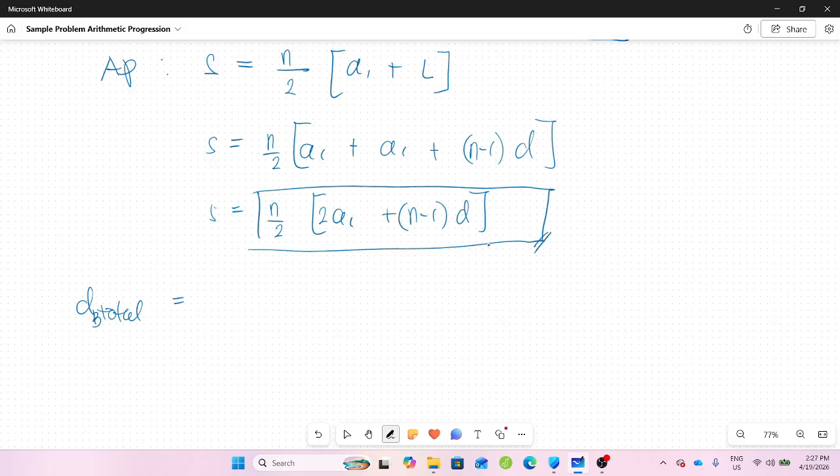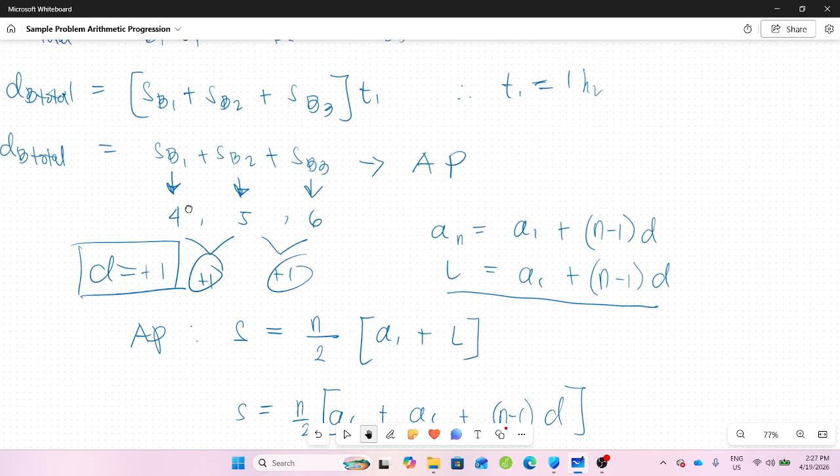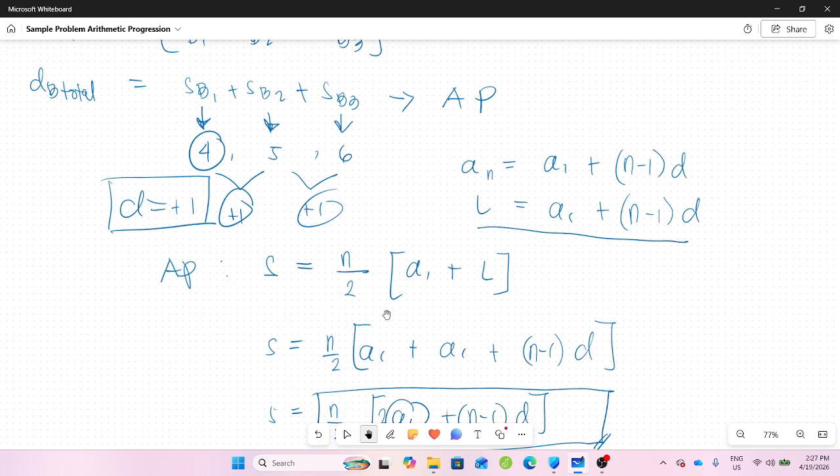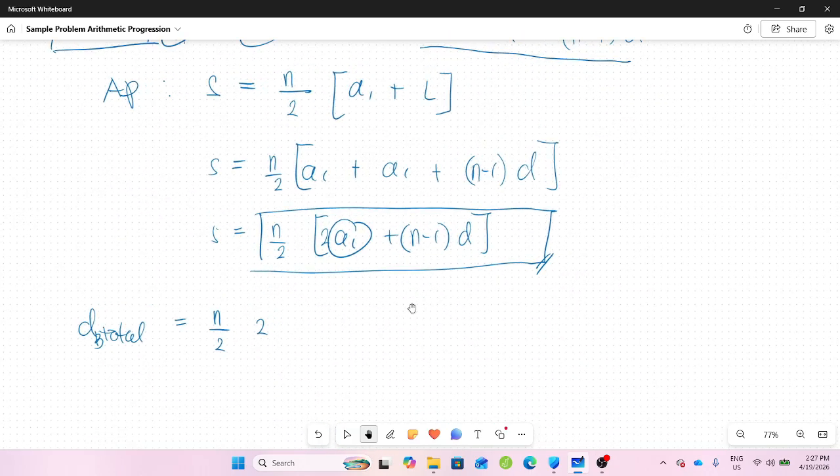We could say that the number of terms, we don't know the total terms, over 2, the a here is actually the first term. Now in our problem, the first term here is actually 4, so we could just simply substitute that one here.